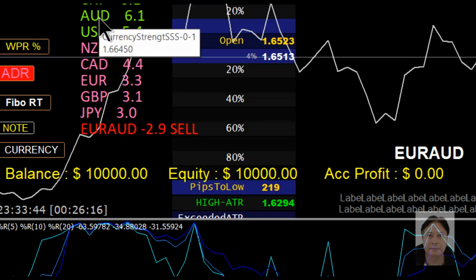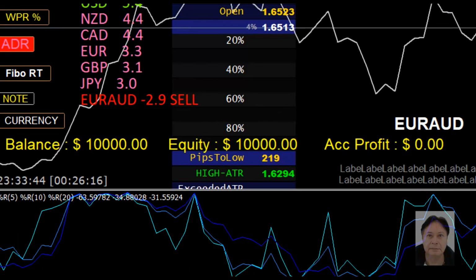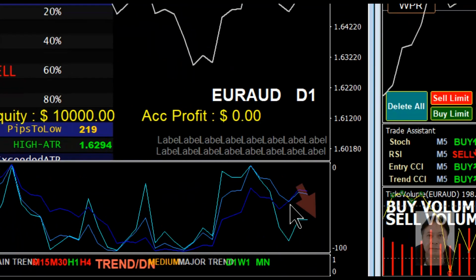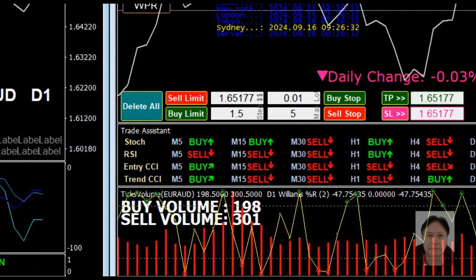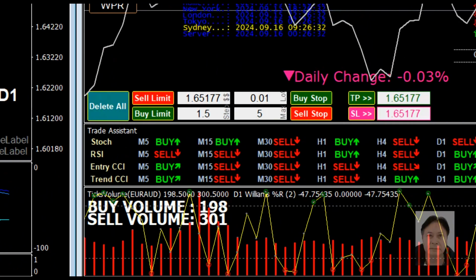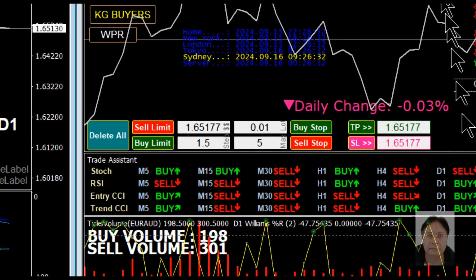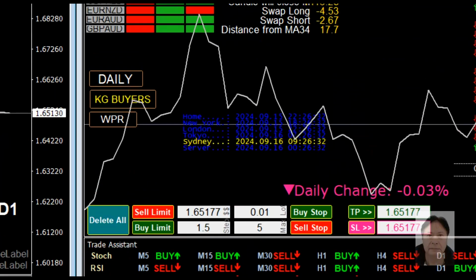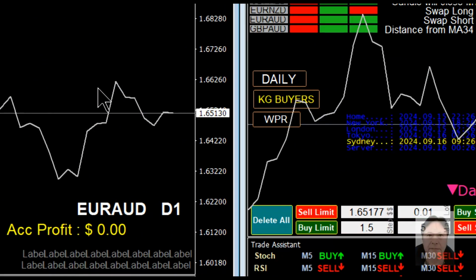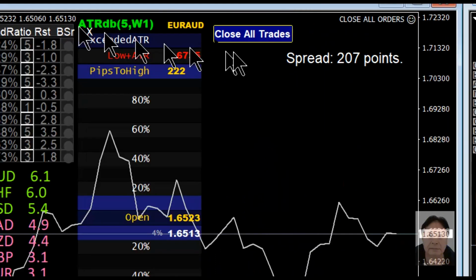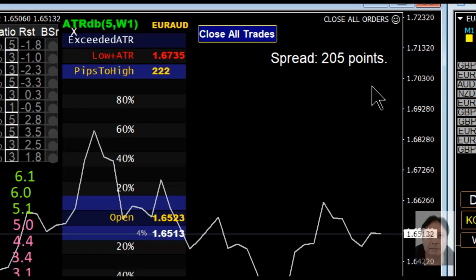So the trend line is going down, and as you can see here, it says it's going down, and here it's saying it's going down, and the chart here says it's going down, but this one is not in agreement. Okay, so we don't do it. Not only that, the spread is too high anyway, so we don't do anything.